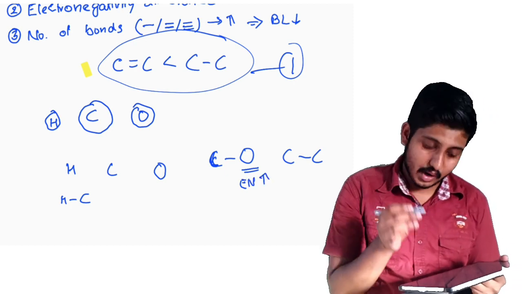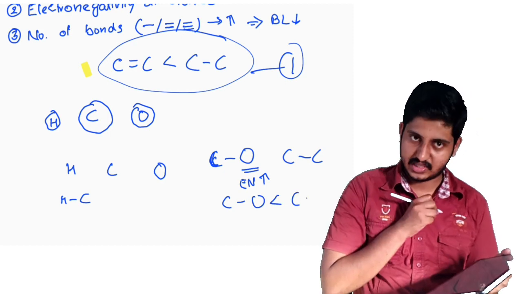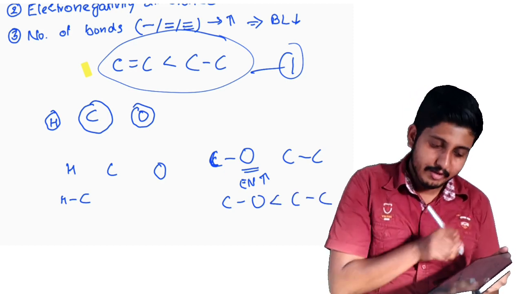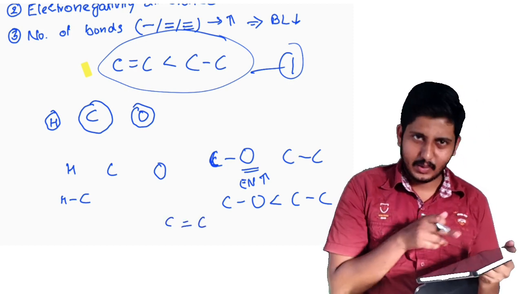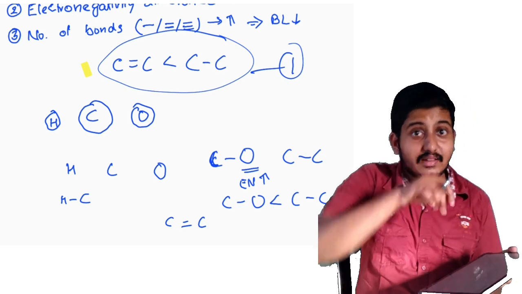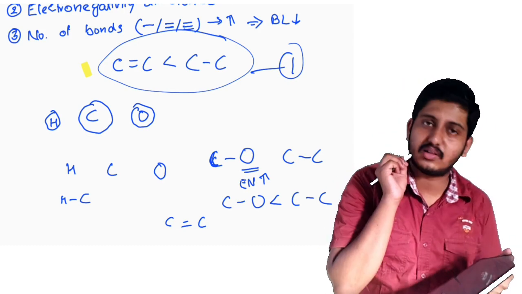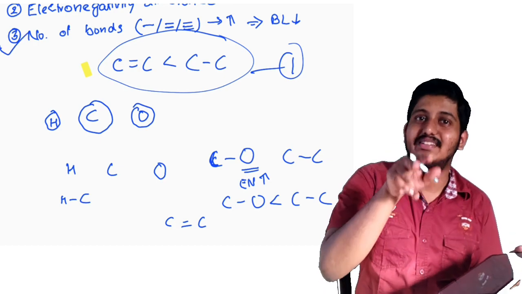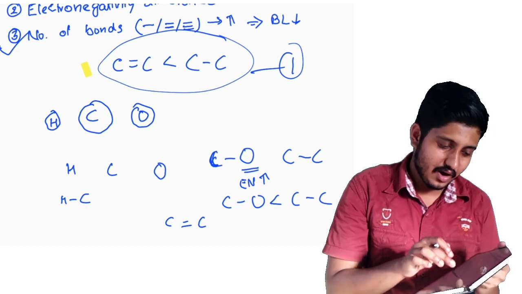So naturally, the CO bond will be smaller than the C single bond C. Now what will be its comparison with C double bond C? There is no electronegativity difference between carbon and carbon, but there is a double bond, and as the number of bonds increases, always remember the third point, it will be smaller than the single bond. Double bond will be smaller than the single bond.